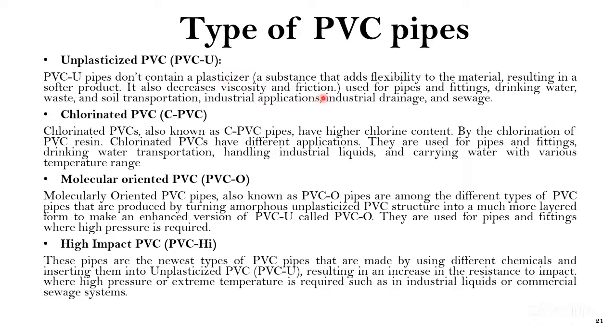That kind of pipe you can use for pipes and fittings, drinking water supply, waste, soil transportation, industrial application, and industrial drainage and sewage. These are the applications for your unplasticized PVC. The term used is PVCU.